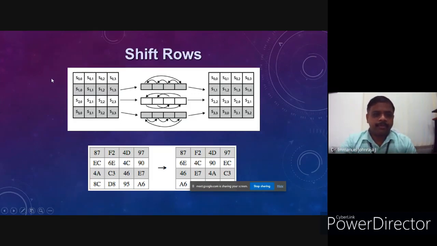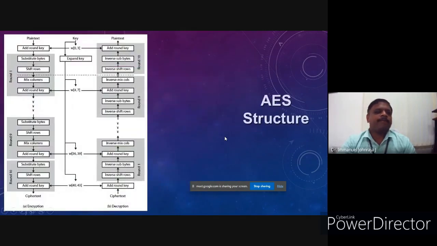So this is your first row, second row, third row, and fourth row. First row is kept unchanged, so it goes as it is, S00, S01, S02, and so on. Here it goes for circular left shift. So S11 comes here, S12 comes here, S13 comes here, S10 goes here. See, very simple, sir. The same is represented here. This is what is happening in shift rows transformation. Simple? Yes.